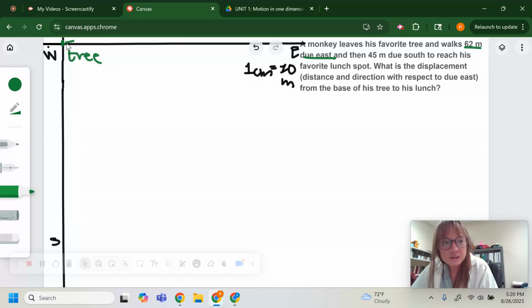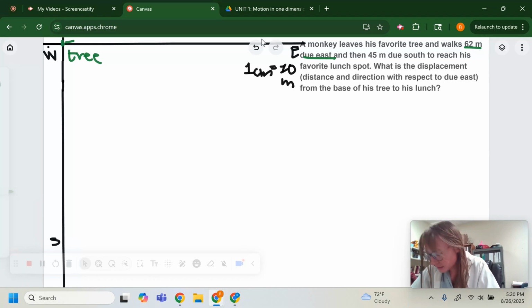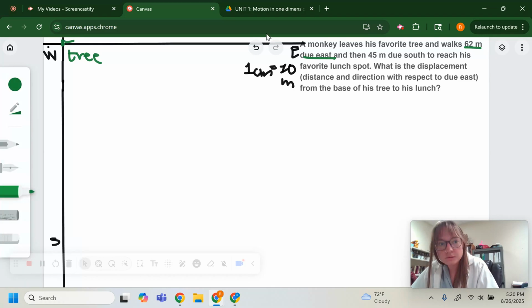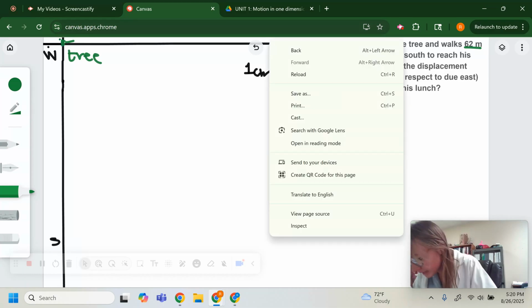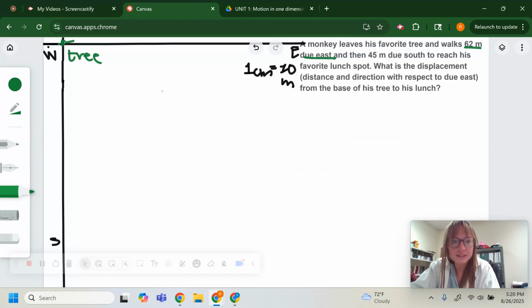So I'm going to start here at the origin, and I'm going to go from here 6.2 centimeters this way, and that did not draw at all. So we're going to try it again. Okay, here we go.